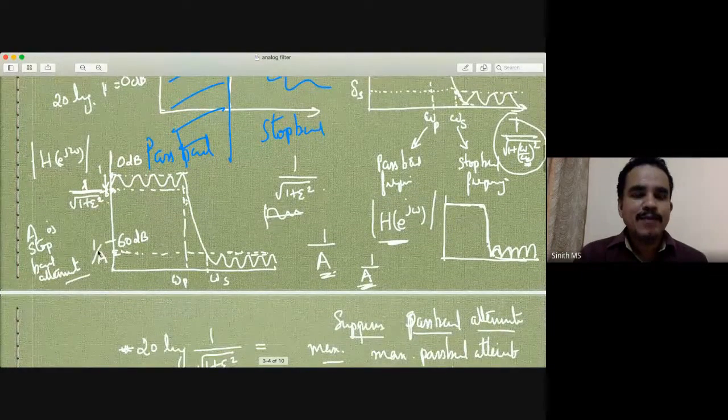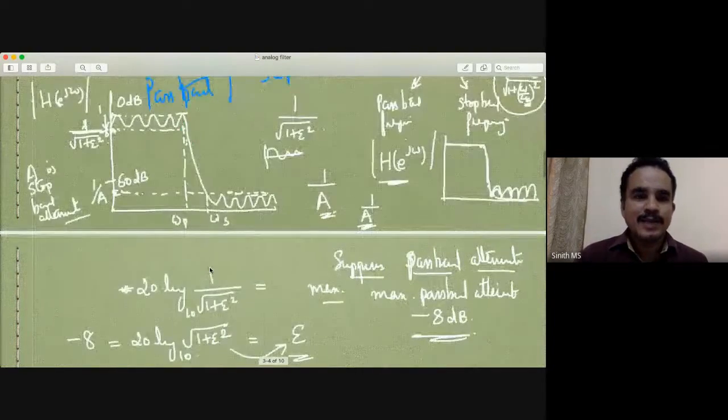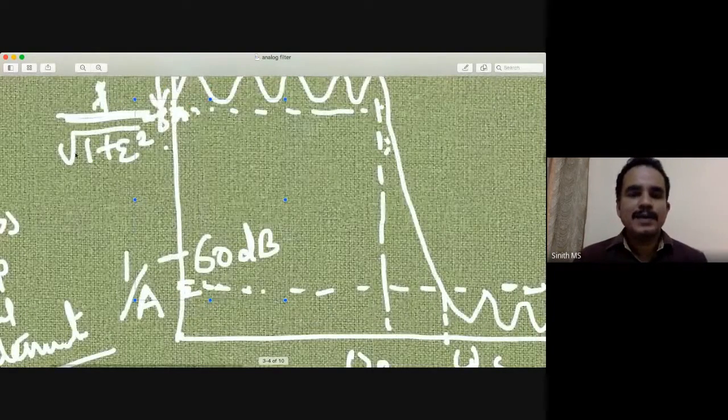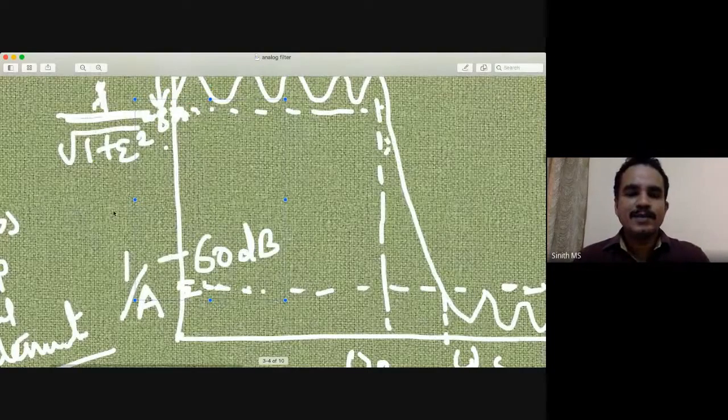And A is the attenuation and 1 by A is the gain in the stop band. So here it is indicated that you have 60 dB attenuation, which means that the selection of window should be such that you get 60 dB attenuation.